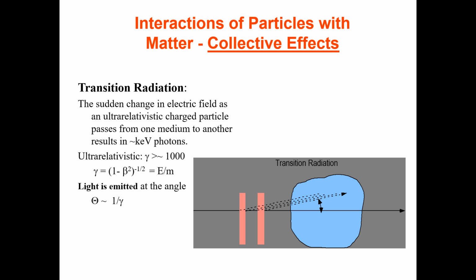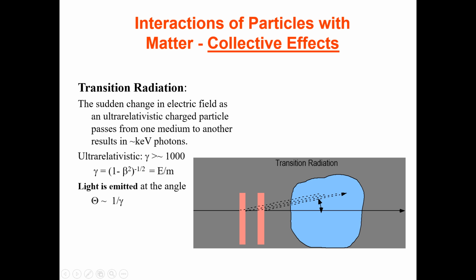In the collective effect, we can also have transition radiation, that is, a sudden change in the electric field. What is this sudden change? It is the sudden change in the electric field as an ultra-relativistic charged particle passes from one medium to another.